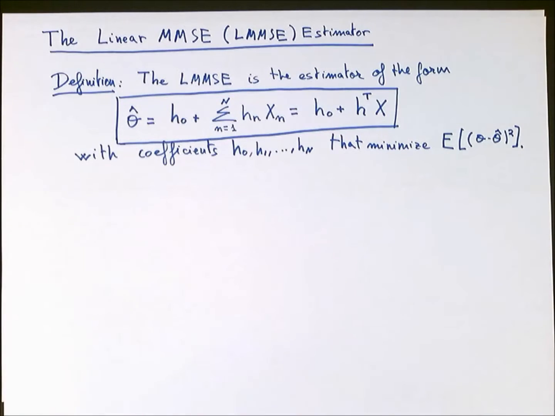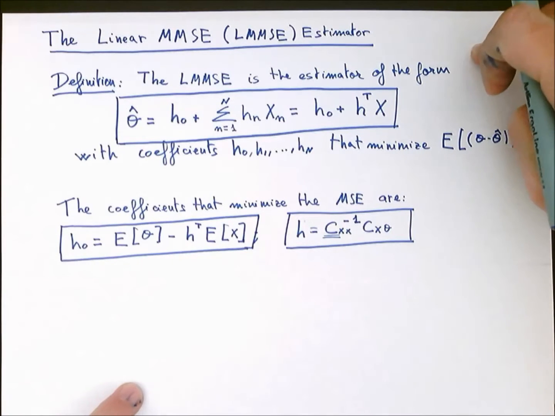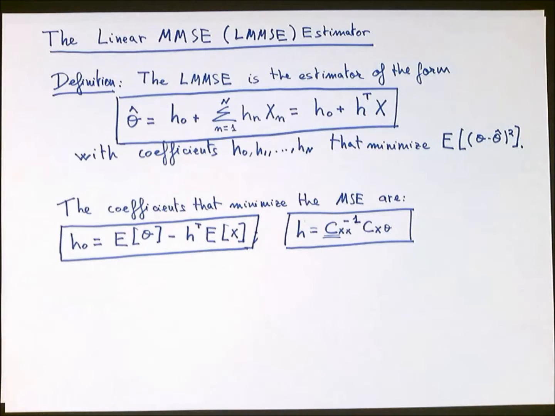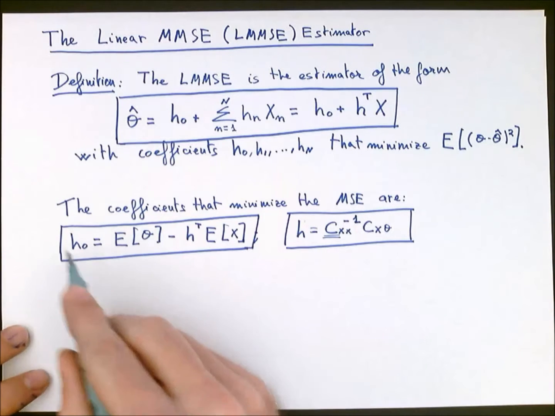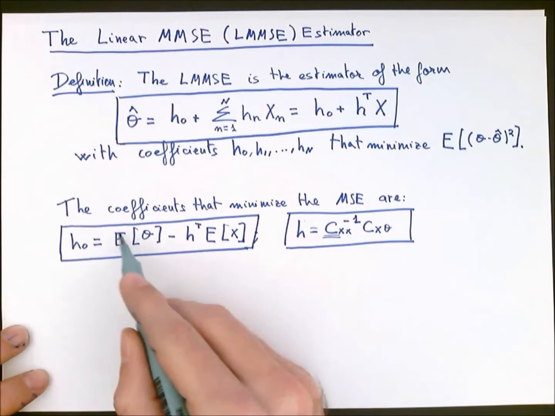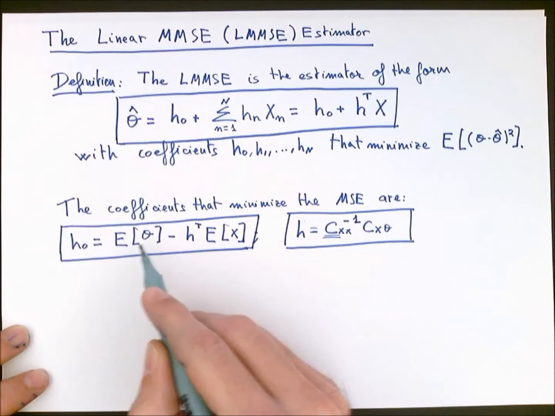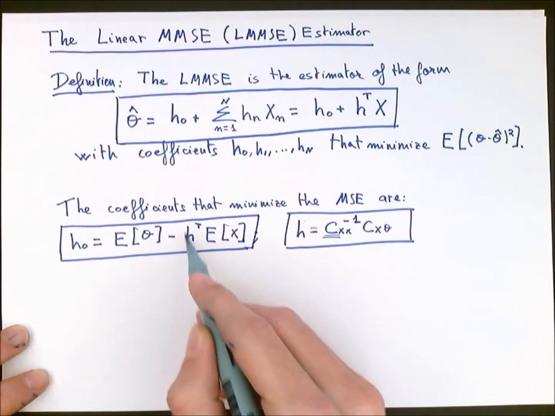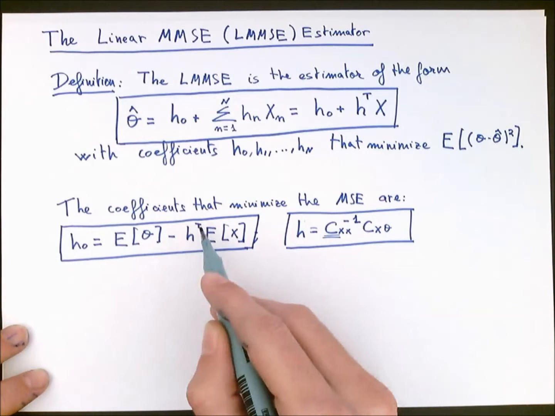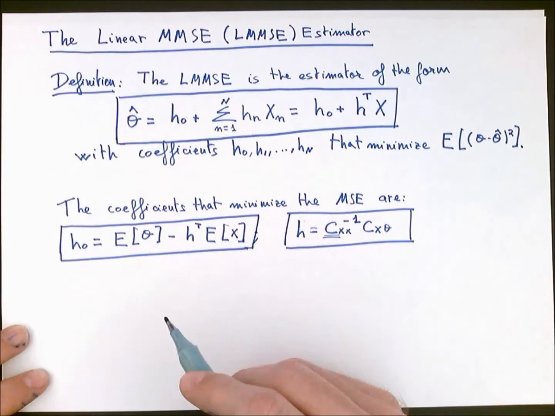If we perform the minimization of the MSE with respect to the coefficients h0 to hN, we can find that the value of the coefficients which minimizes the MSE is the one presented here. We can see that the coefficient h0 depends on the mean of the unknown variable theta, from which is subtracted the vector of other coefficients, h transposed, multiplying the expectation of the data x.